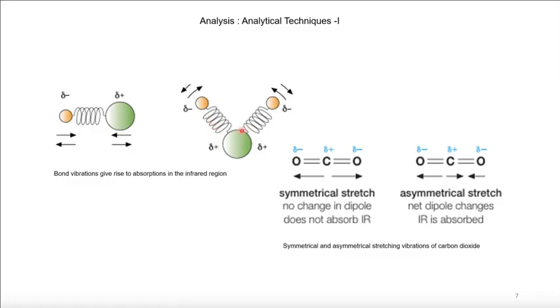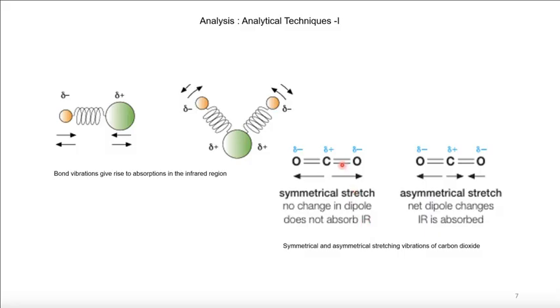This one is a bending mode, this is a stretching mode, this is a bending mode. Here also in a polar molecule, we get an infrared active species. Here, this is a symmetrical stretch of the carbon dioxide molecule, and there is no change in dipole. Therefore, we cannot detect it in IR absorption.